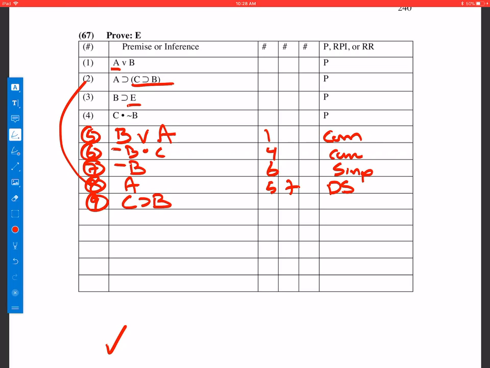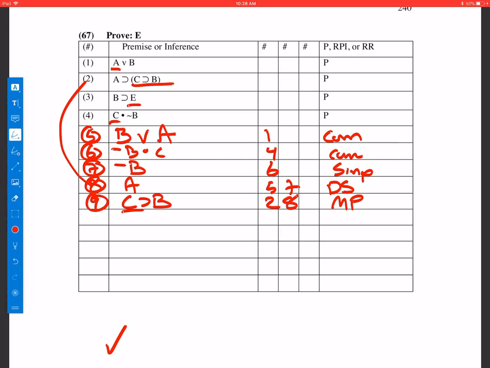With that A, I can do a modus ponens with line 2, and I get C then B. C then B, that was 2 and 8, modus ponens.